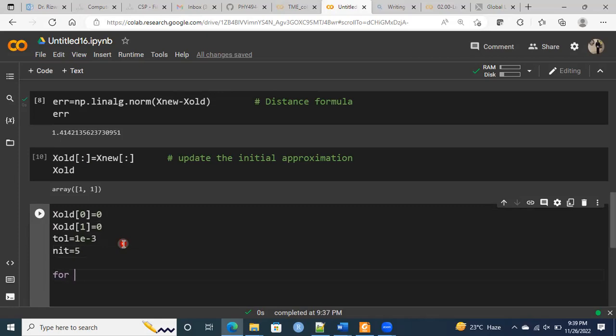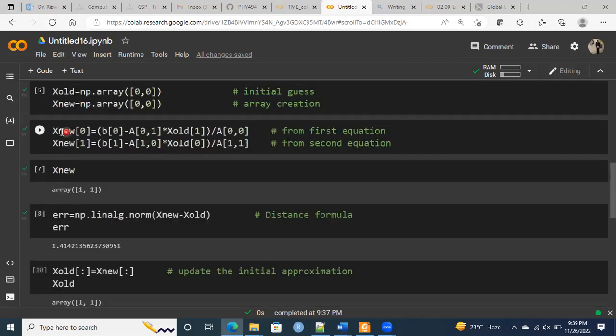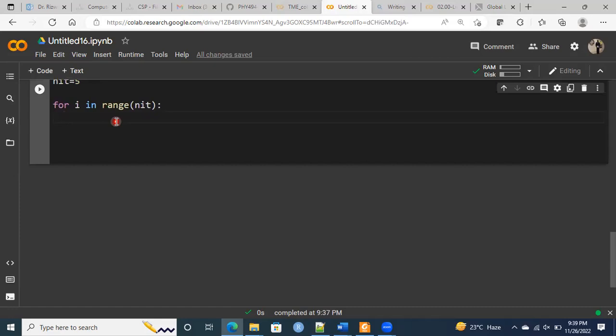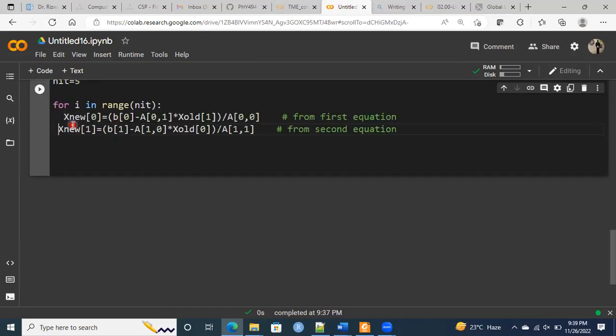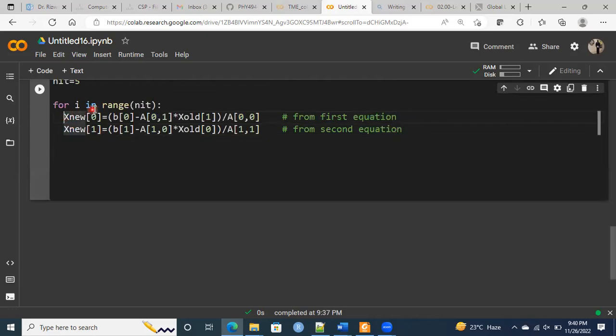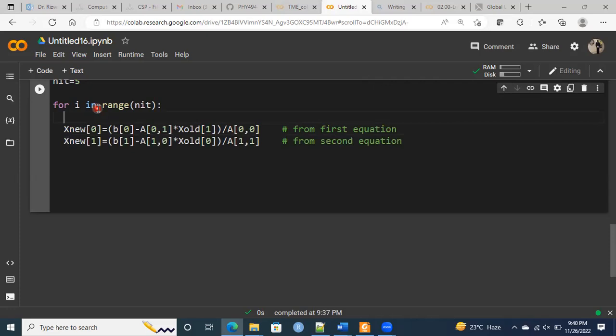So I write for i in range number of iterations, and I would like to compute the x old and x new values from these explicit expressions. And the next step of the algorithm is to compute the improved values.